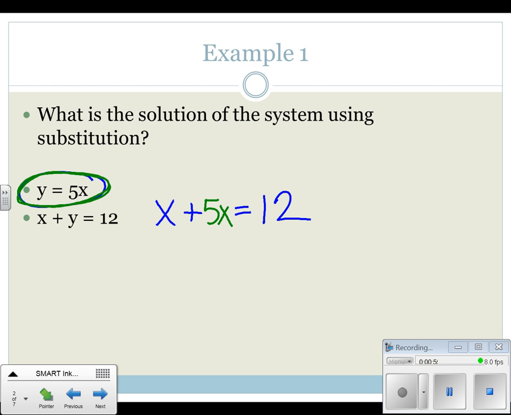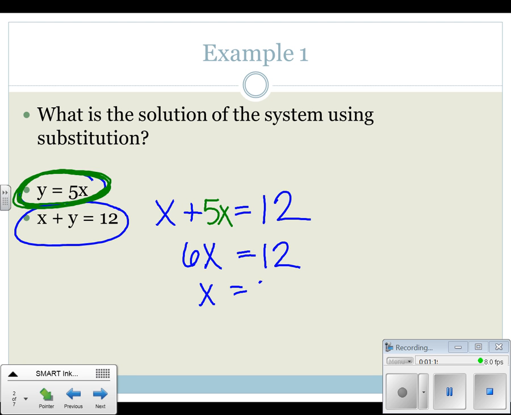So I took the second equation and I replaced the y with what the y equals in the other equation. So now I just have x plus 5x is 6x, which is 12, so x is 2. And if x is 2, I can find y.